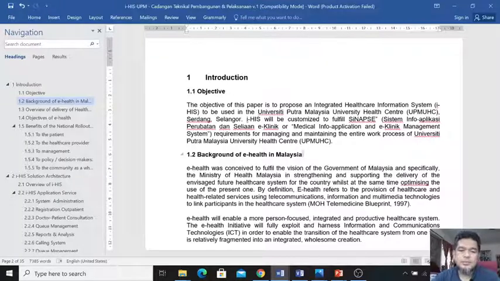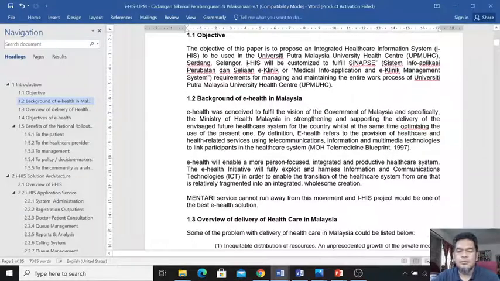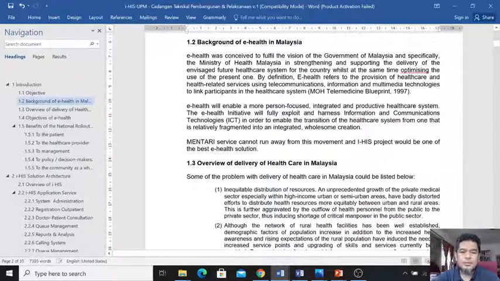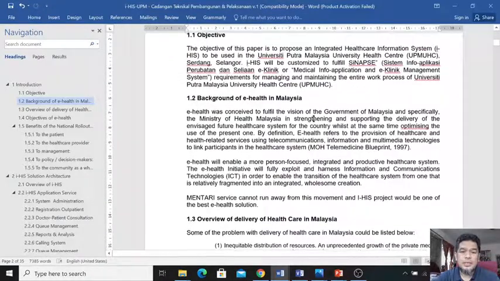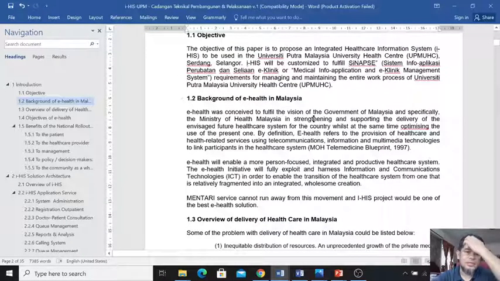So this is a part to rationalize to the user why they need to invest a certain amount of budget to get the system. Okay, see, I give a background of e-health in Malaysia because we do a healthcare system. We propose a healthcare system for a certain organization.